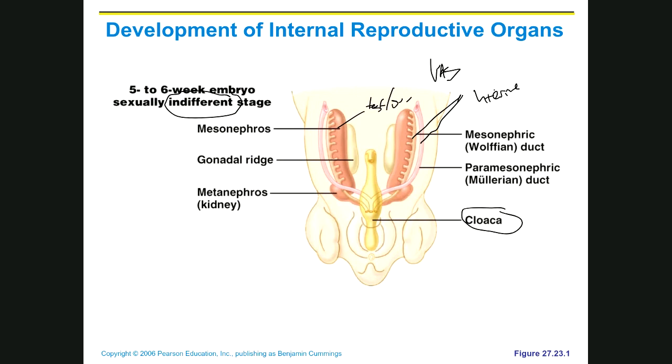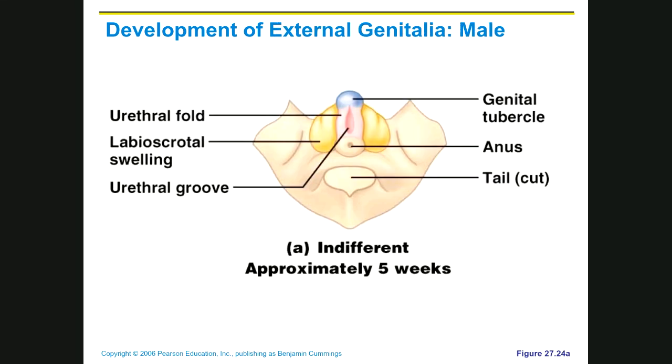If we look externally, here's this indifferent stage again. And look, that could become either the glans penis or the glans clitoris. We don't know which it's going to become. This can become the labia majora, but it could also become the scrotum.